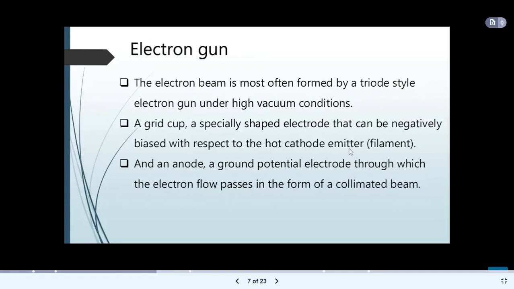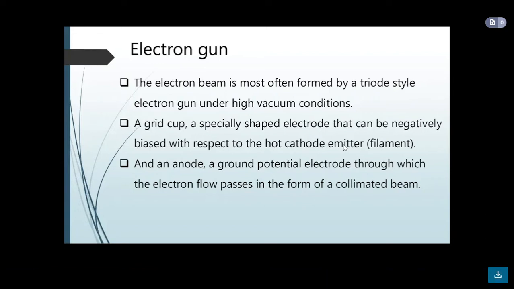Okay, here the shape of the cathode should be a cup shape, because when the electrons are generated, they will not get scattered. If the shape of the cathode is a cup shape, then the electrons that are generated will not get scattered, they will get focused towards the anode.